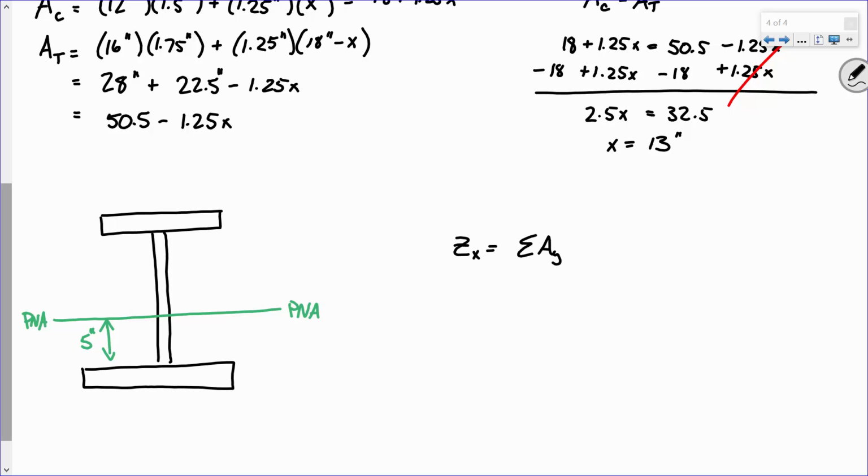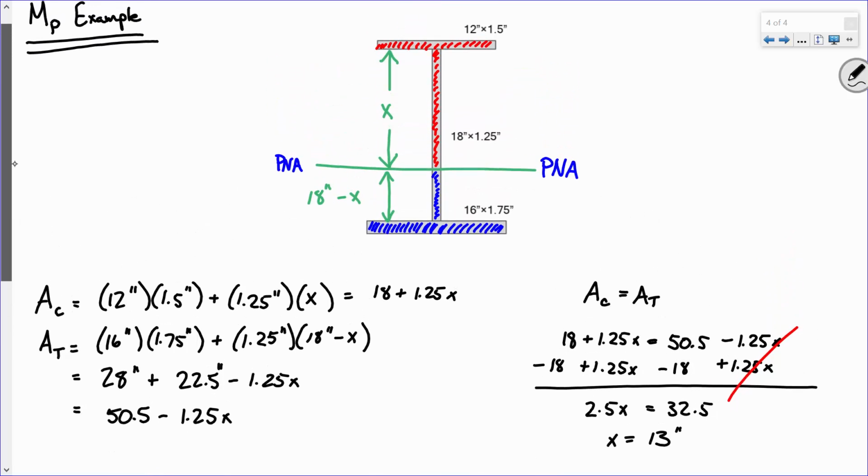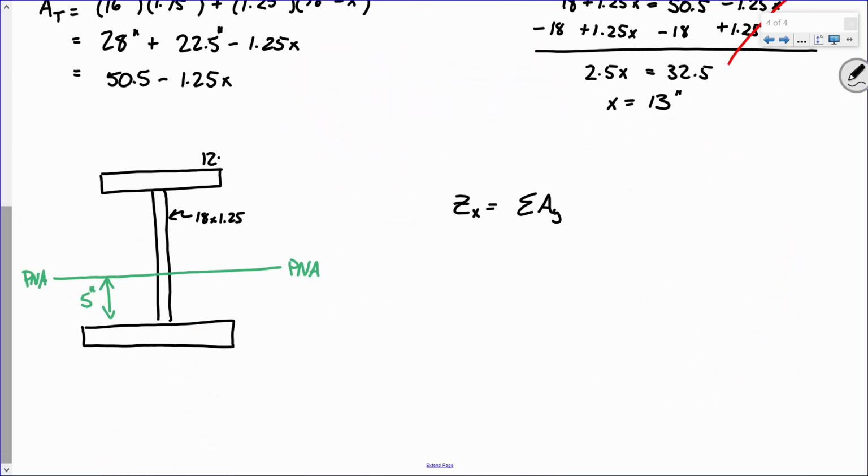Now, let's recognize a couple things. This is 18 times 1.25. This is 12 times 1.5. And this is 16 times 1.75, right?